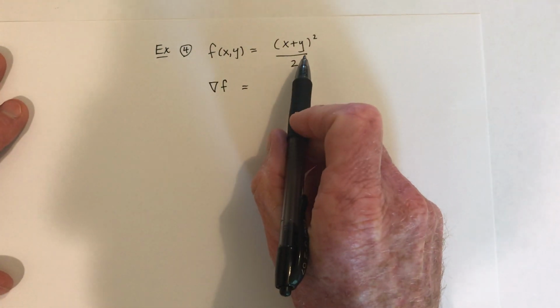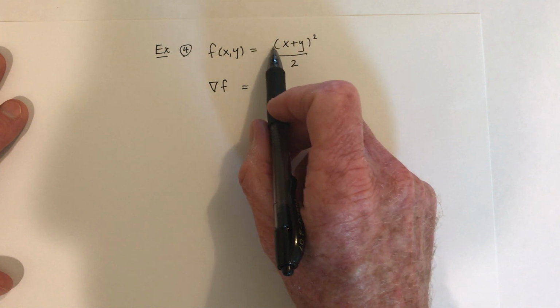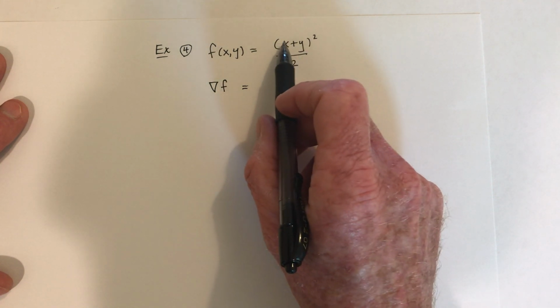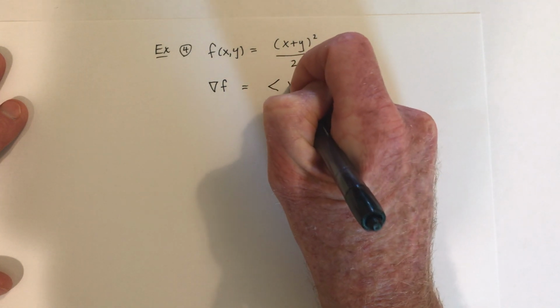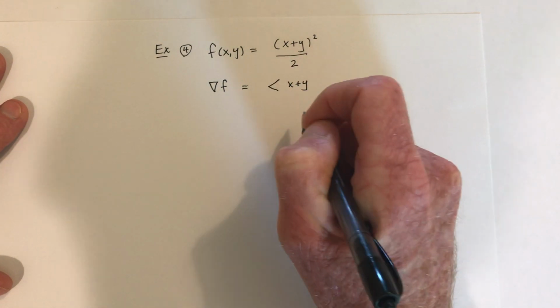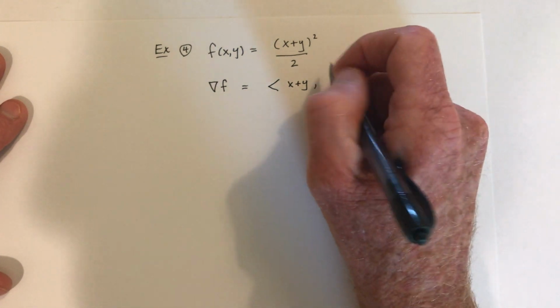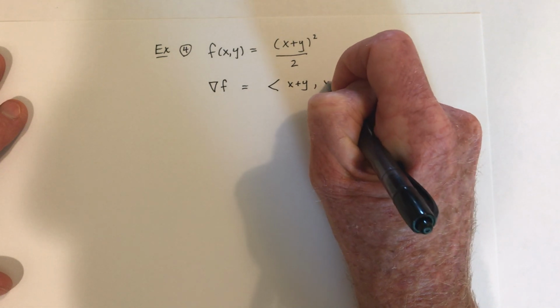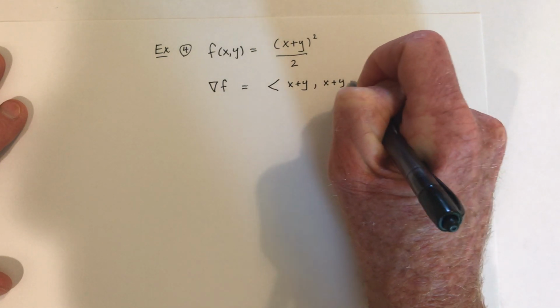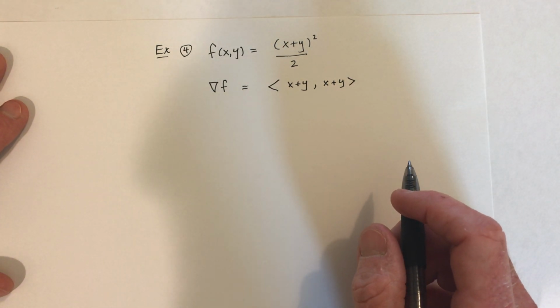So the derivative with respect to x: the 2 would go down in front and multiply. It would cancel the 2. It would leave x plus y. And then when you take the derivative with respect to y, the same thing would happen. The 2 would go down in front and multiply. And so the vector field would be x plus y, comma, x plus y.